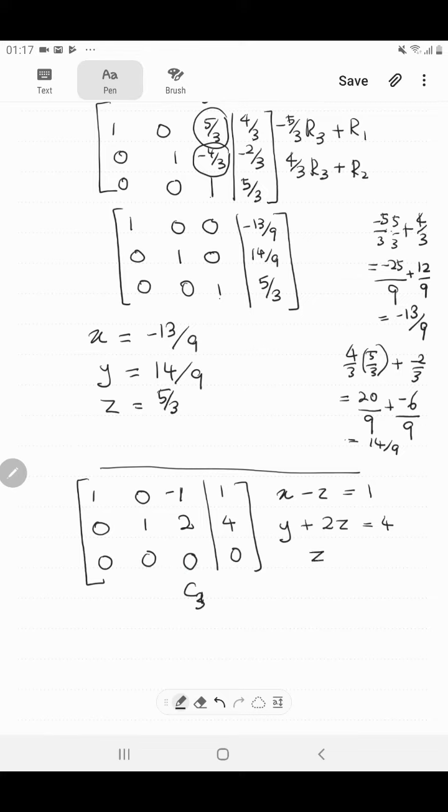So you can say that z is all real numbers. You can even simplify it to x equals 1 plus z, y equals 4 minus 2z, and z itself is all real numbers.